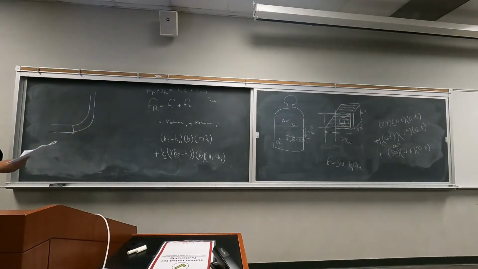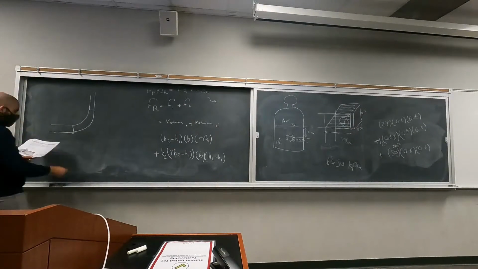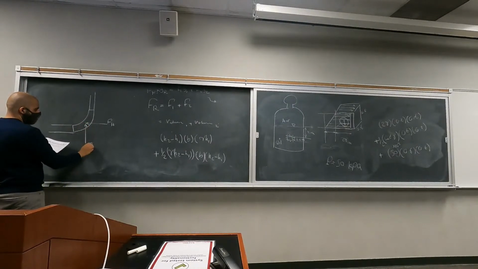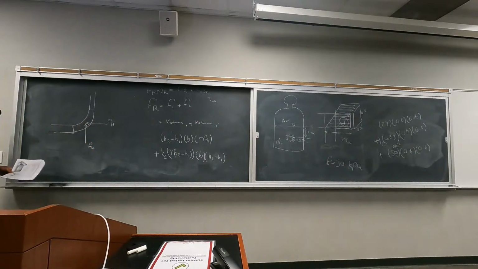The only thing that is going to make this different from the other cases is that the hydrostatic force on this curved surface is going to have two components. One is going to be called F_H, and the other one is going to be called F_V.